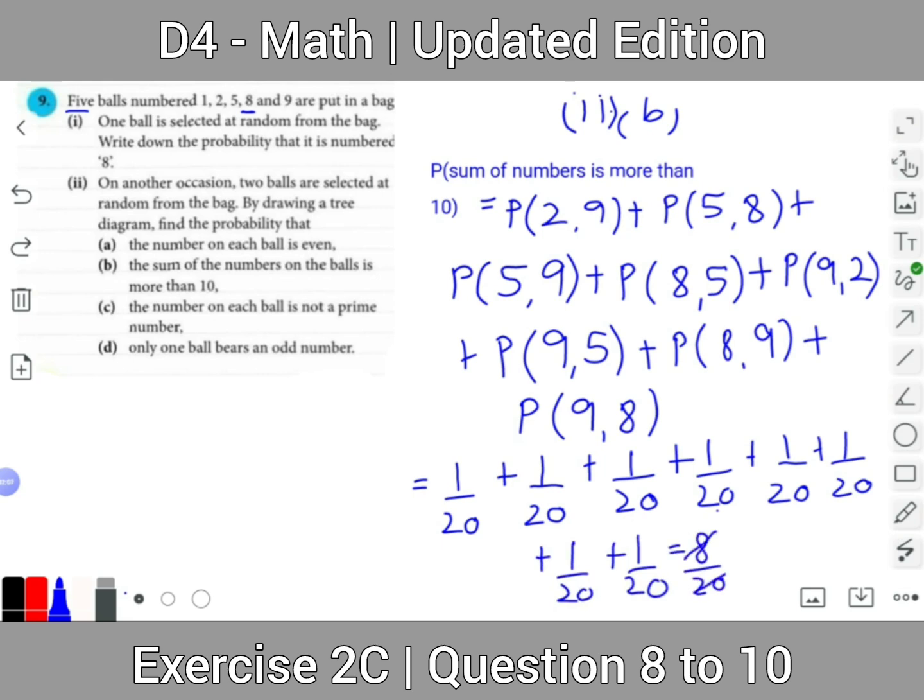Now after simplification we have 4 over 10, and further simplification gives us 2 over 5. So the probability that the sum of the numbers is more than 10 is equal to 2 over 5.